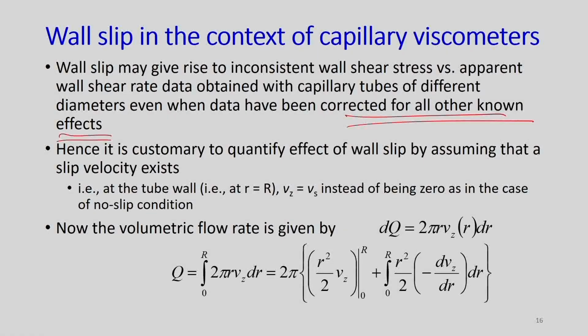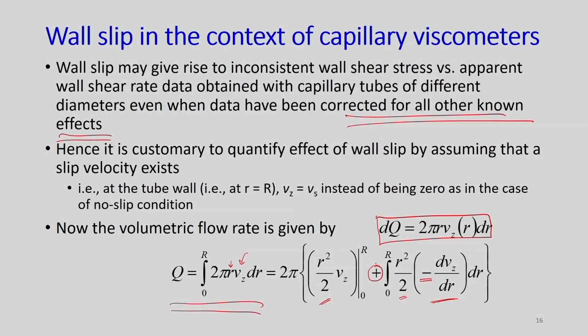The volumetric flow rate for flow through capillary pipes that we have seen is dQ equals 2 pi r Vz dr. Now, if you integrate it, Vz is also a function of r. So, you can take 2 pi common, and the integration of r is r square by 2 times Vz, plus the integration of r, which is r square by 2, times the differentiation of Vz, dVz by dr. Since we are writing plus here, a minus has to come.